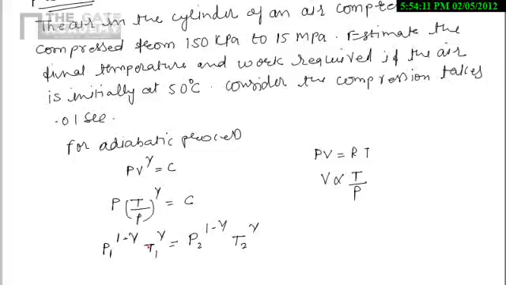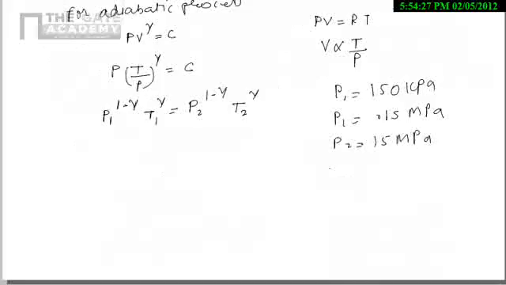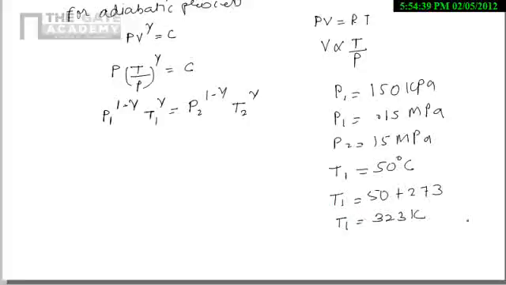So we know in the problem it is mentioned P1 is 150 kilopascal. So P1 is 0.15 megapascal. P2 is mentioned 15 megapascal. Here T1 is 50 degrees centigrade. So in terms of Kelvin, 50 plus 273, it will be 323 Kelvin.